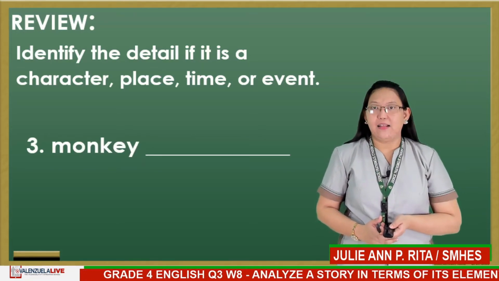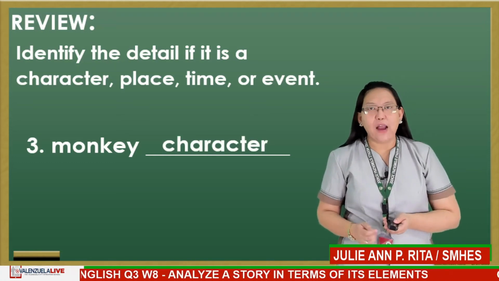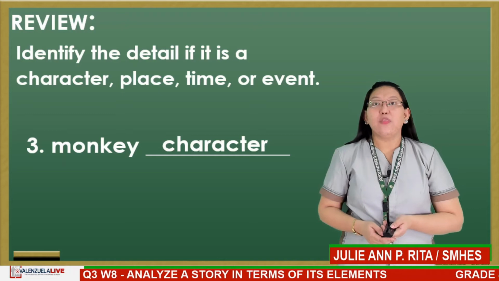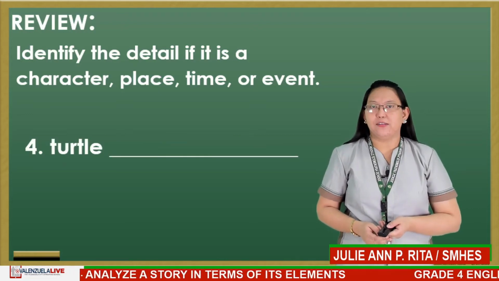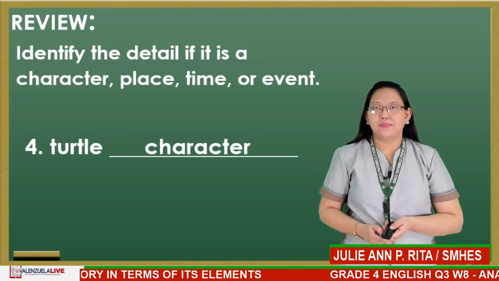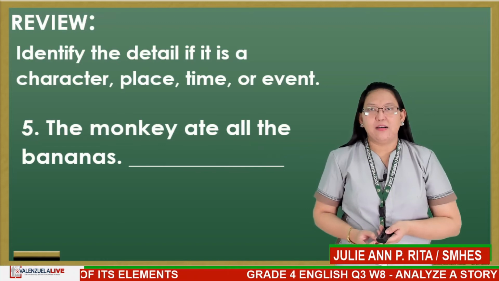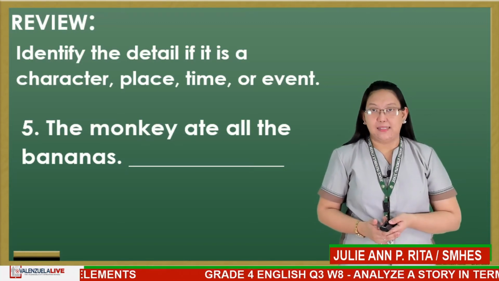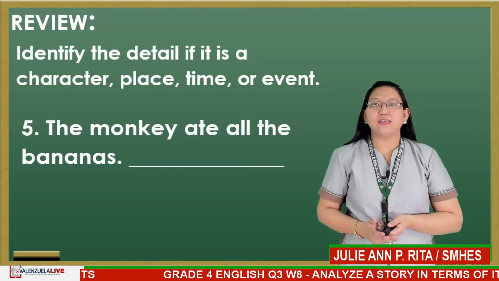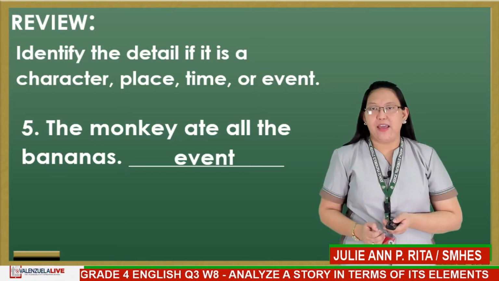This detail talks about, wonderful, a character in the story. Number 4, turtle. This detail talks about, great, this is a character. Number 5, the monkey ate all the bananas. This detail talks about, fantastic, this tells an event of the story.